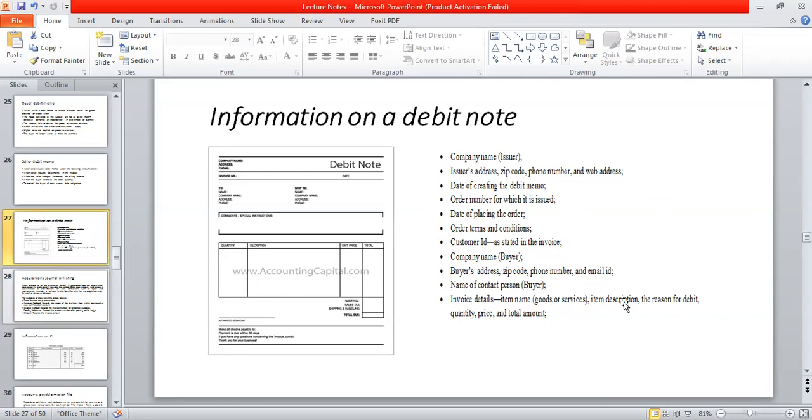So when checking for risk, the auditor will look at all these issues to find if there are any irregularities within the debit note, because it can be used for fraudulent purposes, either from the seller side or from the buyer side.